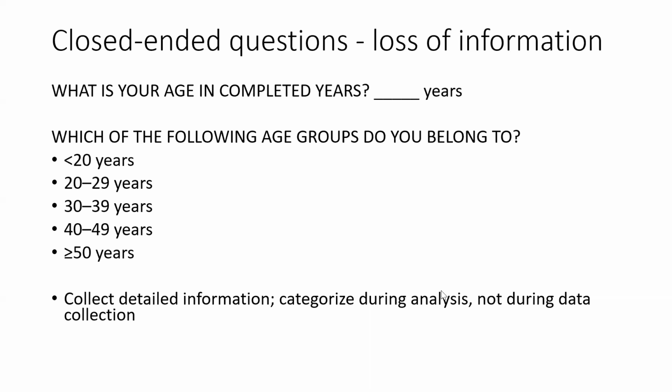But remember that you lose some detailed information when you convert it into a closed-ended question. So it is always recommended that wherever possible, collect granular data so you have flexibility as to how you want to categorize that data in your analysis. Preferably don't make categories of continuous data in your data collection when you are designing your questions.